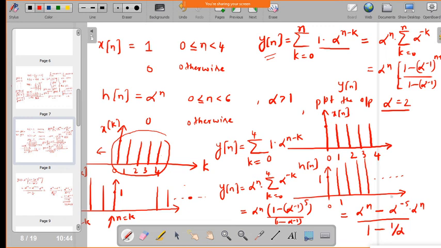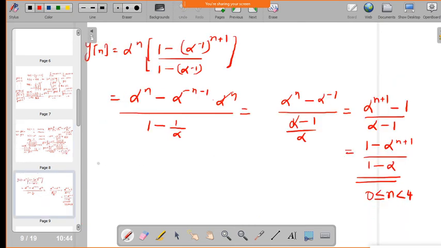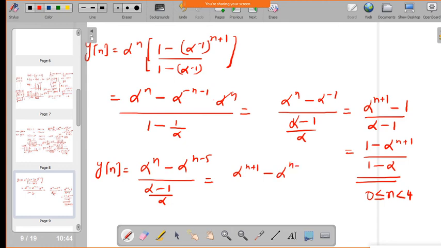Now you will get n minus 5, so I will express it here: y of n is equal to alpha power n minus alpha power n minus 5, divided by alpha minus 1 divided by alpha. You can express this as alpha power n plus 1 minus alpha power n minus 4, because this alpha is multiplied here, you will get n minus 4, divided by alpha minus 1.